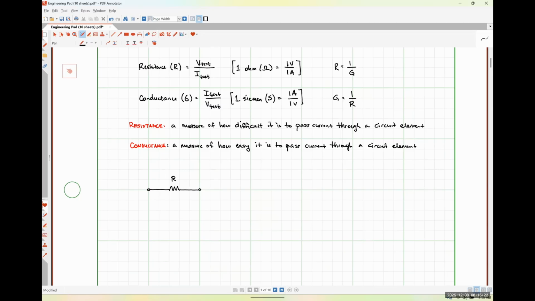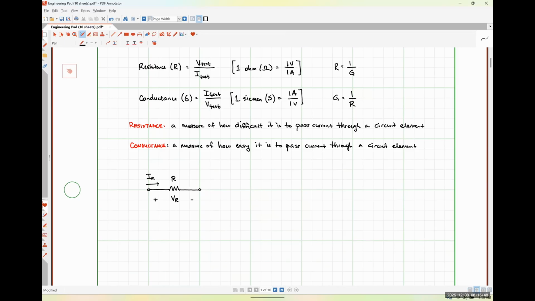Okay. So in this particular case, let's define the positive polarity terminal of this resistor on the left, the negative polarity terminal on the right. And so this is going to be the voltage drop across our resistor V_R. And this is going to be the magnitude and direction of the current flowing through the resistor I_R.